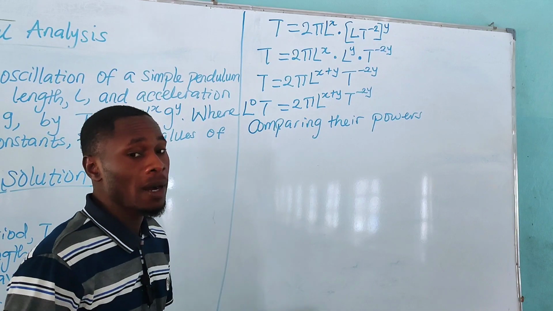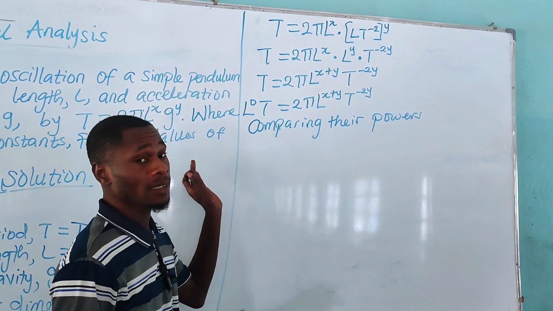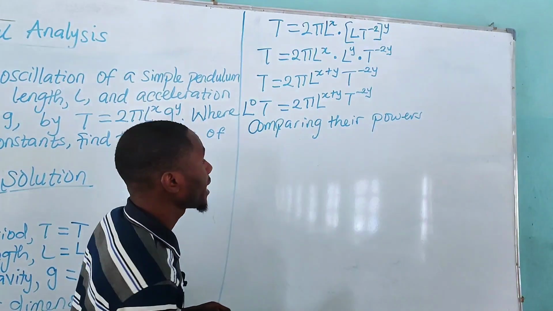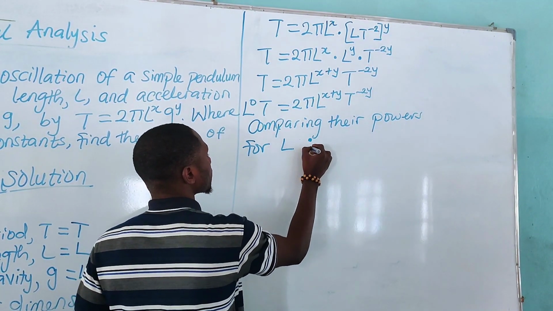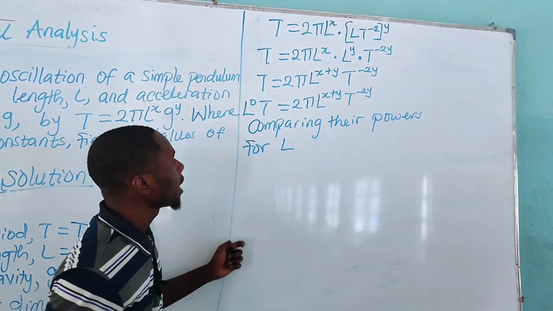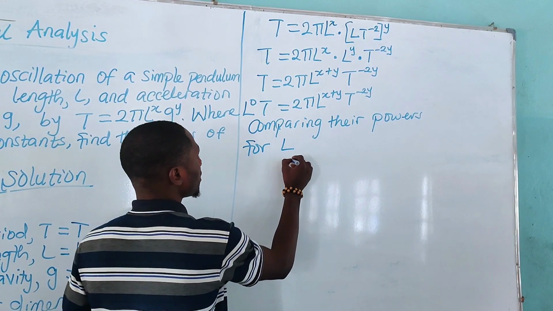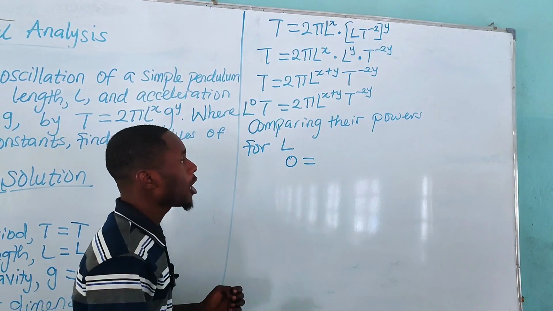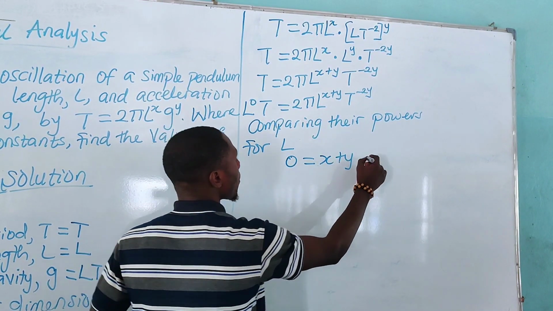So comparing their powers, we are going to compare the powers of L and T on the left hand side and also on the right hand side. For L, the power on the left hand side is 0, and the power of L on the right hand side is x plus y.